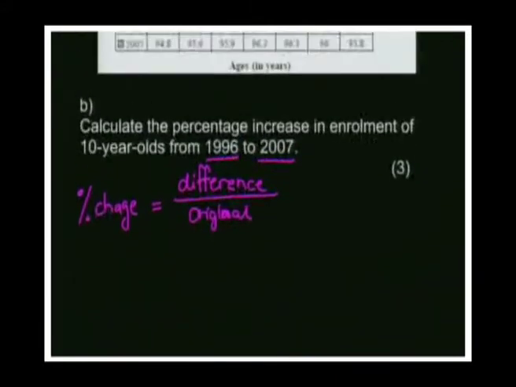And I always work out percentage change, which can be percentage increase or decrease, as the difference in percentages divided by the original percentage. So let's take a crack and see if we can do it.